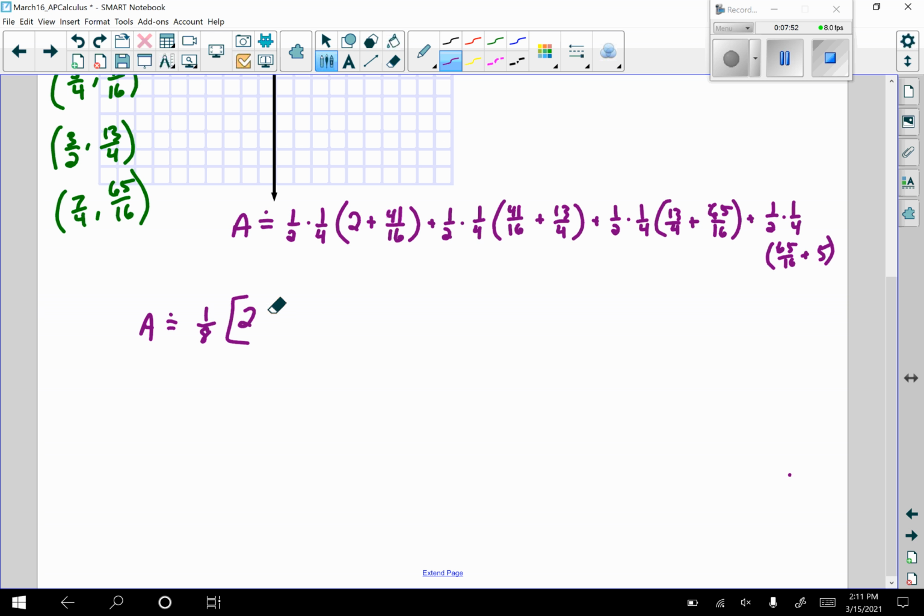So we could say 2 plus, we've got 2 times 41/16, we've got 2 times 13/4, and we have 2 times 65/16. So it's less numbers if we write it this way. Then we still have to have the plus 5.